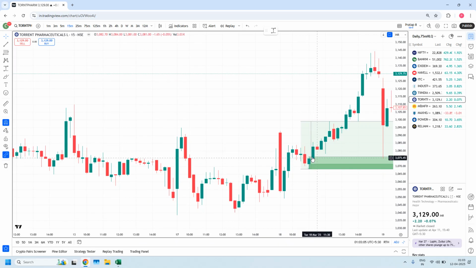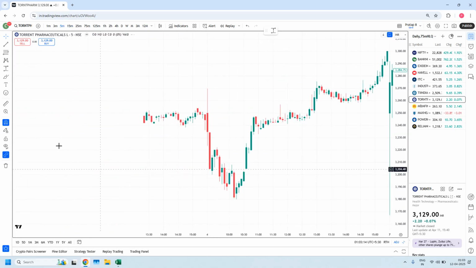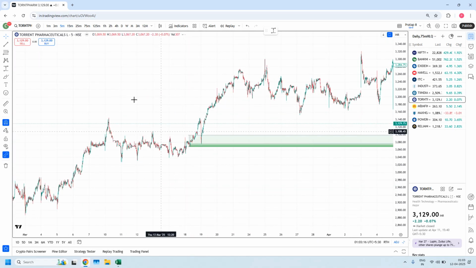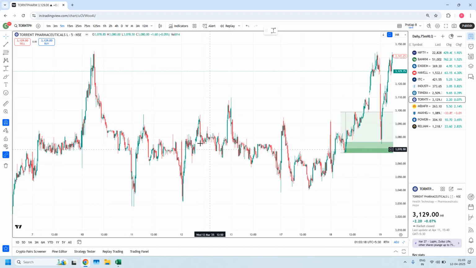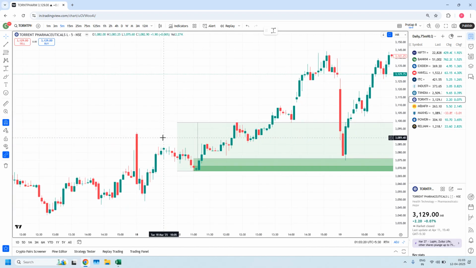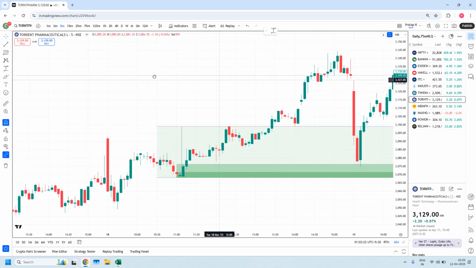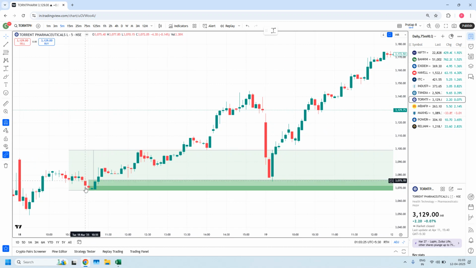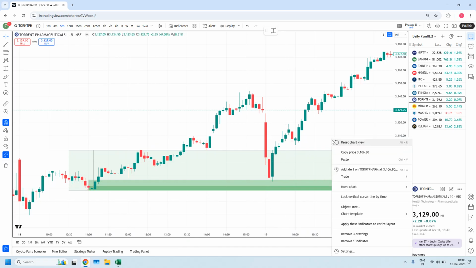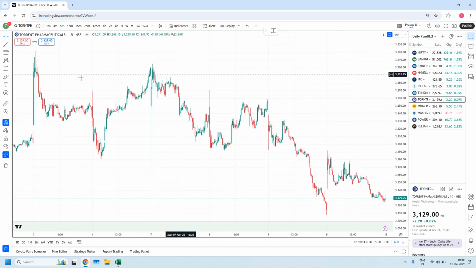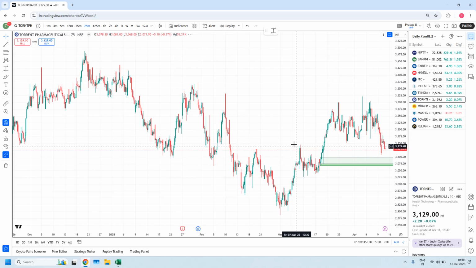This is a 15 minute zone. Previously prices entered into the 15 minute zone, but not up to the fine tuned area. Go to the 5 minute time frame. Here you have a 5 minute zone. You have a drop, 2 base candles and a rally candle. So this is the area where we planned our trade, but today we did not get any trade opportunity in that zone.